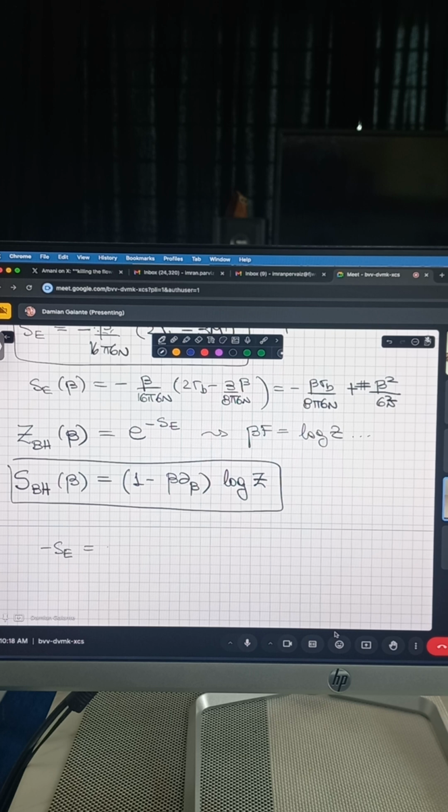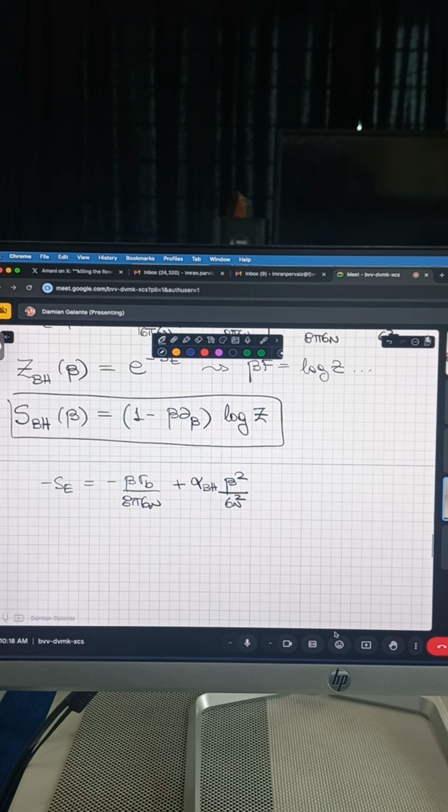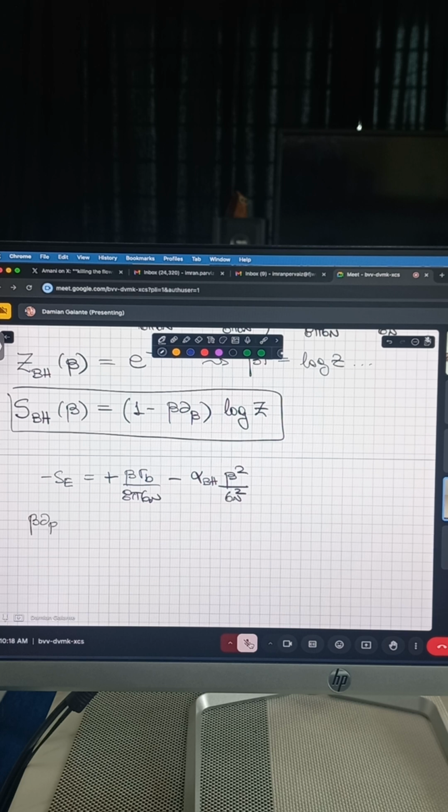So minus S_E is equal to minus beta r_b over 8 pi G plus this number, let's call this number alpha black hole, beta squared over G Newton squared. Okay, but I have the minus sign, so let me do this properly. So this one will become plus and this one will become minus. And let's do beta d beta of minus S_E.